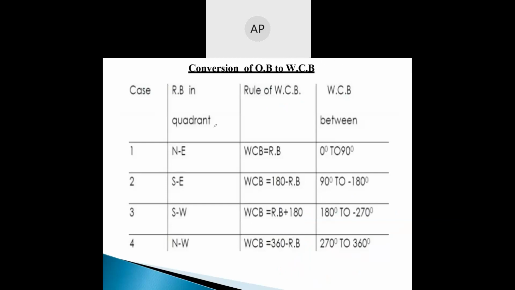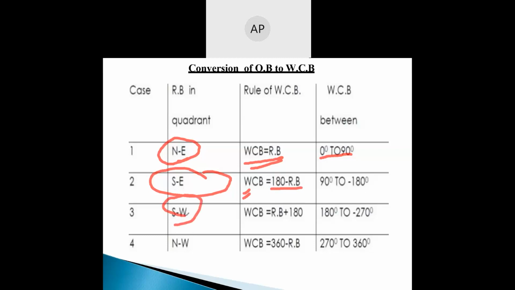How to convert from RB to WCB? If the quadrant is northeast, then WCB is equal to reduced bearing. The angles will be 0 to 90 degrees. If it is southeast, what will the angle be in WCB? 180 minus reduced bearing.